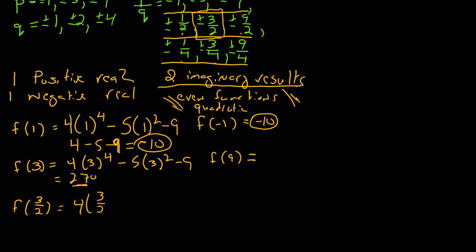So I'll rewrite this in the function. Again, this is why calculators really help us out here. And I'll enter this on my calculator. So 4 times 3 divided by 2 to the 4th power, minus 5 times 3 divided by 2 squared, minus 9 is 0.